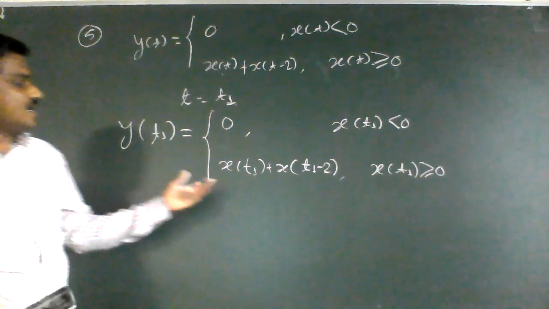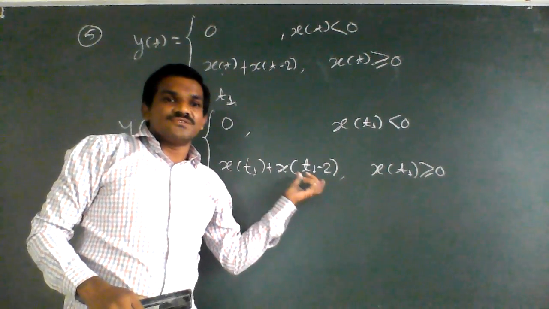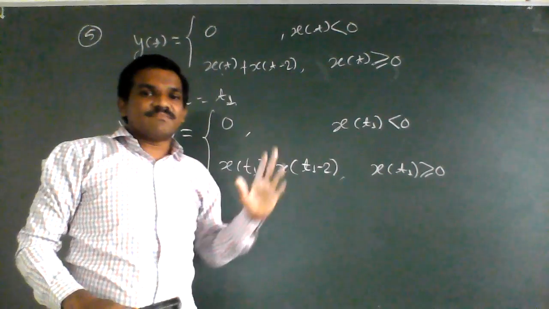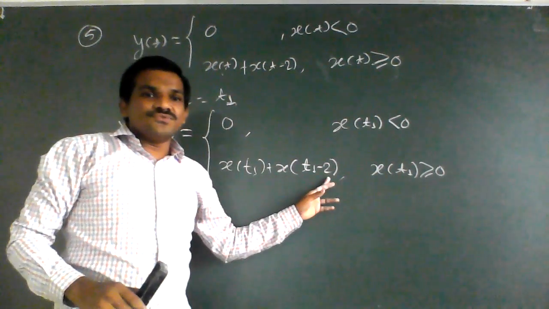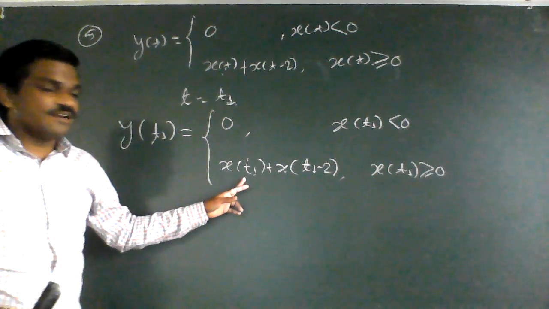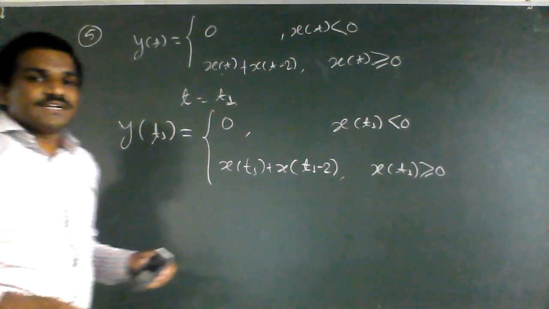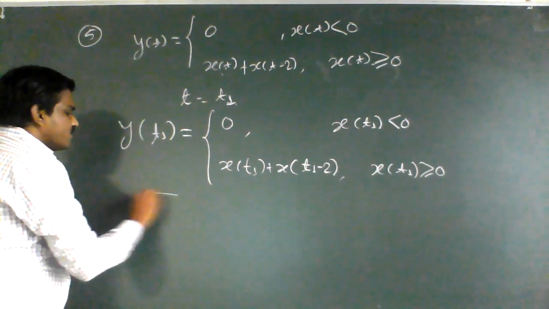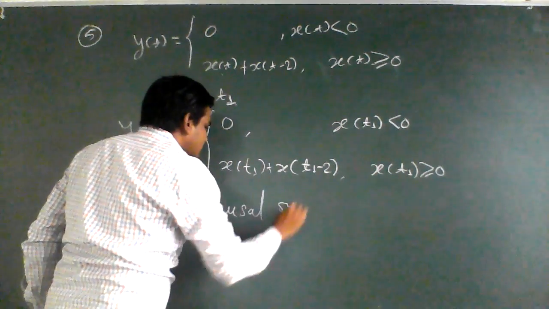So you can see that this is your x of t, this is x of t minus 2. Okay, so output y of t1 at t equal to t1 depends upon the past value, that is x of t minus 2, and the present value, that is x of t1. Therefore, according to the definition of causality and memoryless systems, this particular system is a causal system.